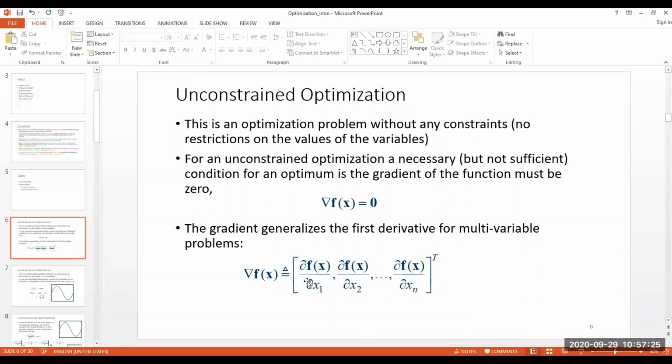Why is it written in this fashion? Because x is treated as a column vector. Your x elements are not in a single row; rather they're in a single column, x1, x2, x3, going from top to bottom. So when you calculate your gradients with respect to a column vector, the resulting elements should also be along the column.